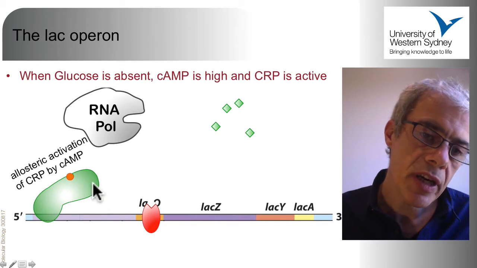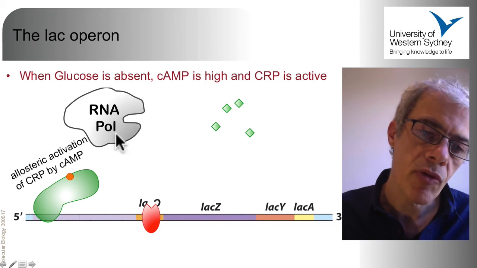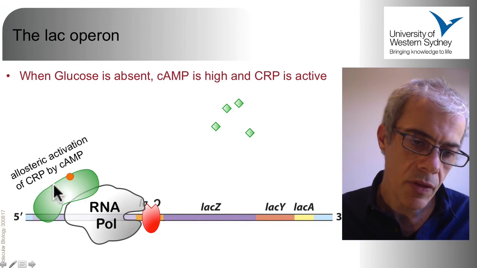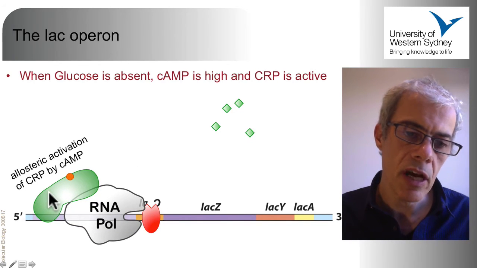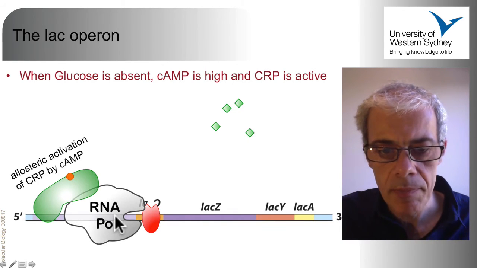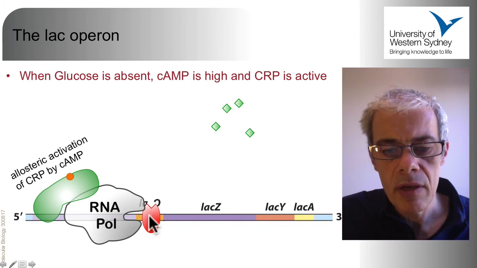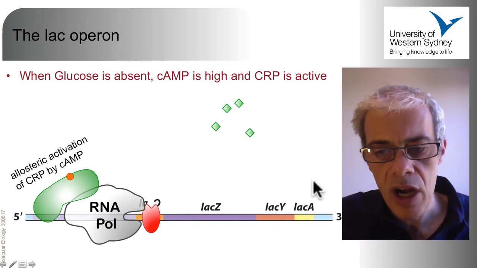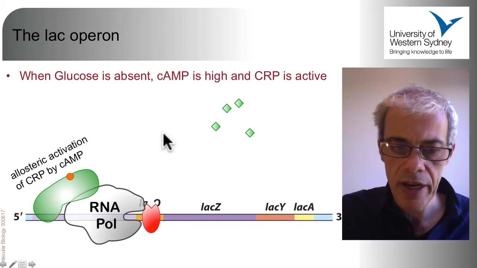Now, this protein increases the affinity of RNA polymerase for the promoter. So in the presence of this structural form of the CRP, the RNA polymerase binds to the promoter with high affinity. When the repressor is removed, it can then transcribe the genes at a high rate.